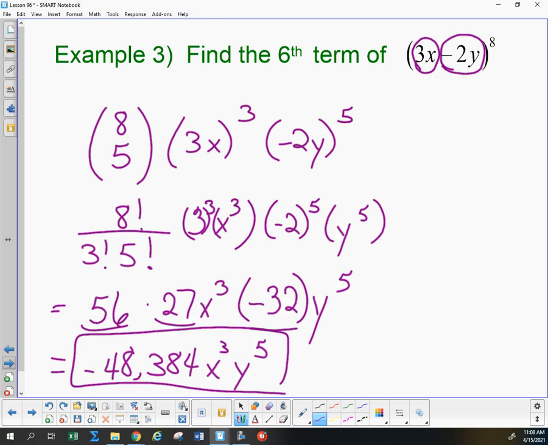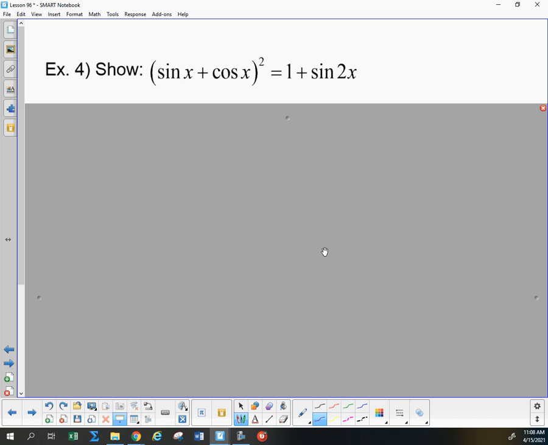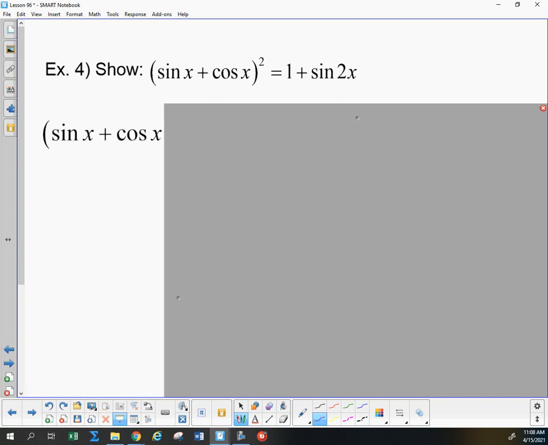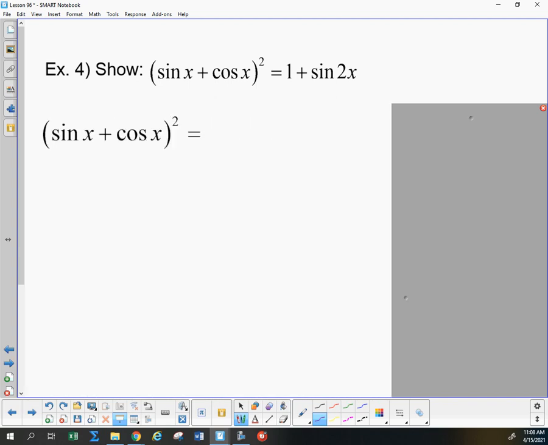All right, then the last part of this lesson is just going to be a couple of proofs. So for this one, we're going to start out with copying down that nice left-hand side there. And somebody give me an idea of what we might do when you see that parentheses squared.